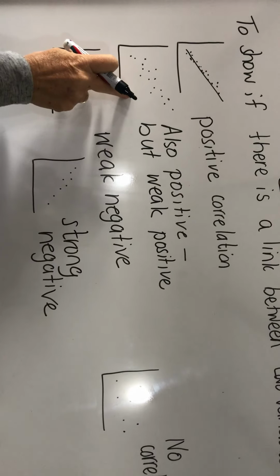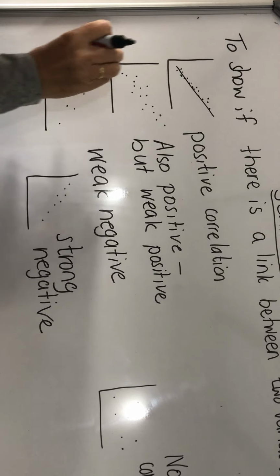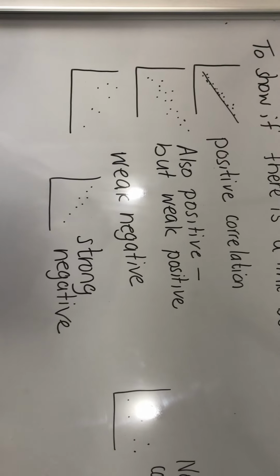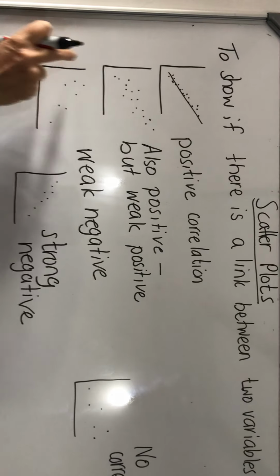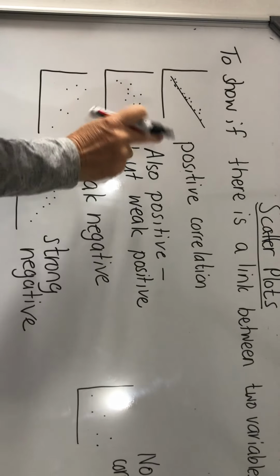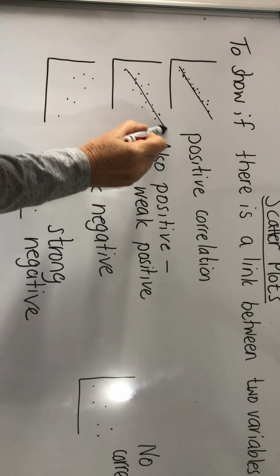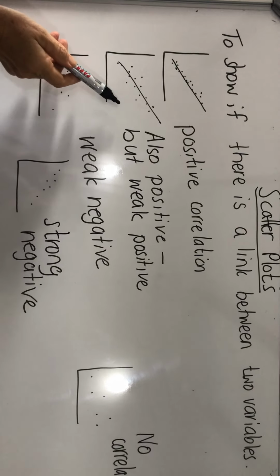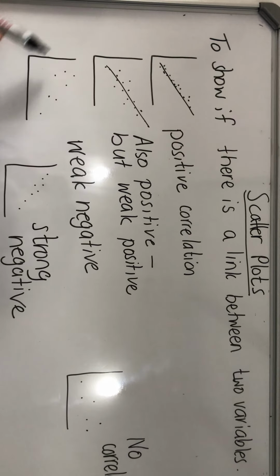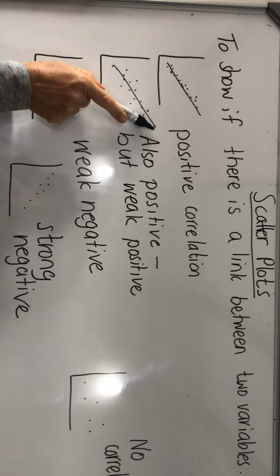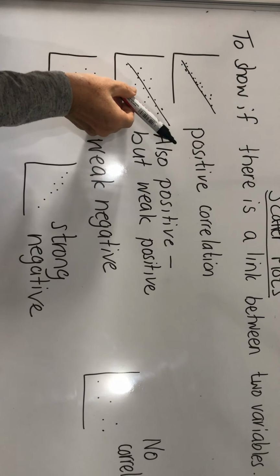In the second example, the points are not as strongly clustered, but I still see an increasing line through here. If I wanted to draw a line of best fit, I could draw that. And the points are not as close to that line, but it is a positive correlation because it's increasing.